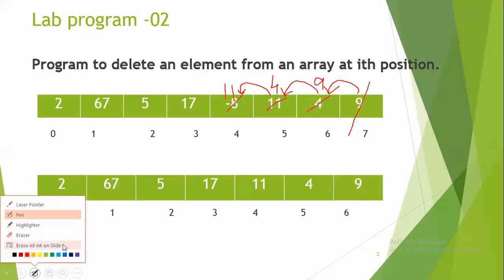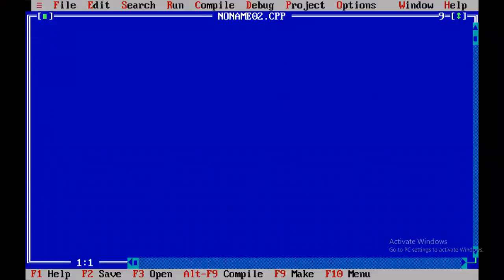Okay. So now let us implement this problem in C language. So now I'll move to the Turbo C. Now I am going to write a C program for performing deletion operation on an array. Okay. So I'll include the comment section.